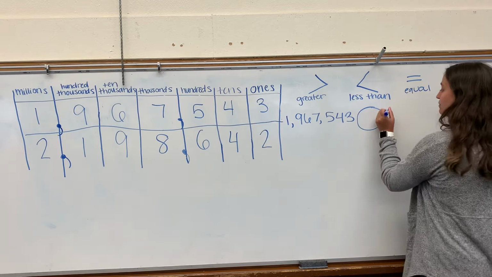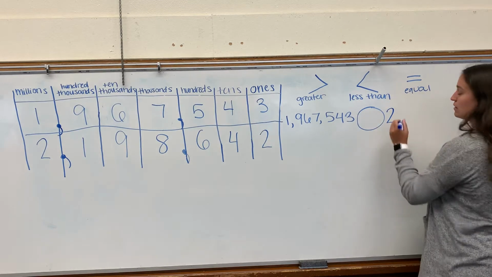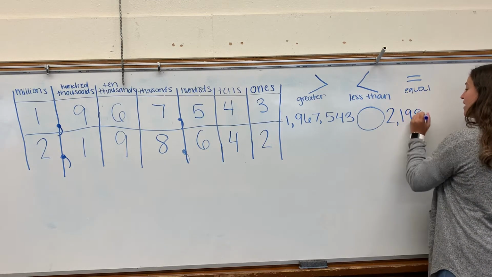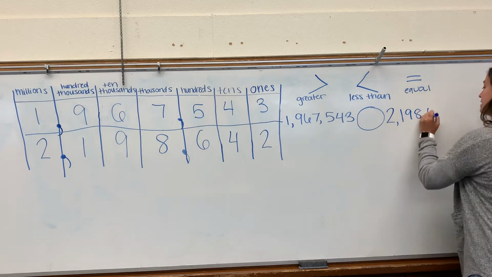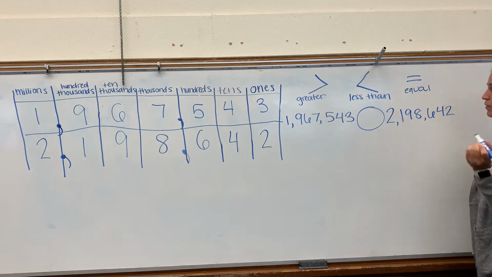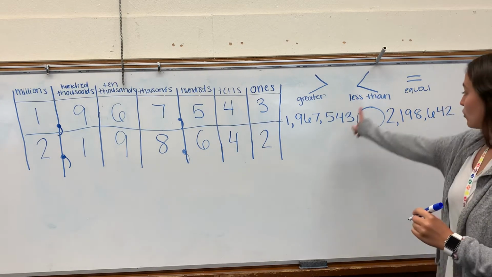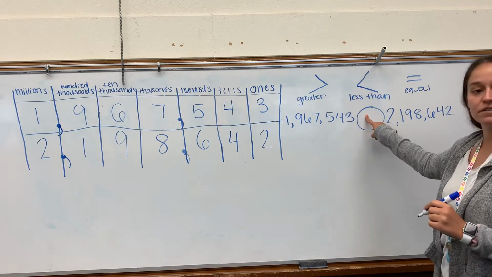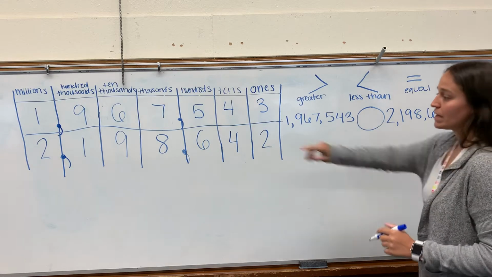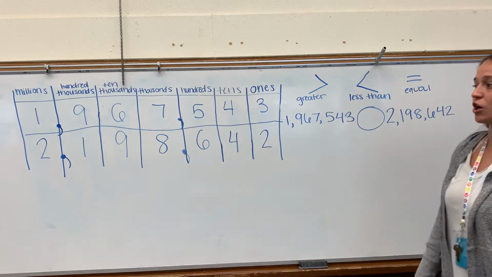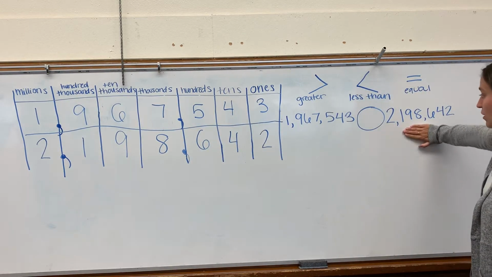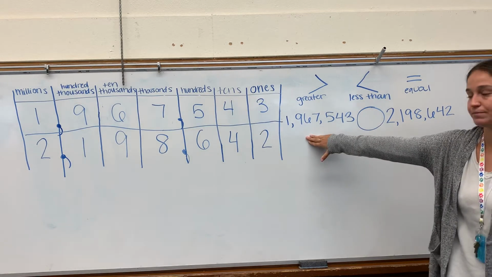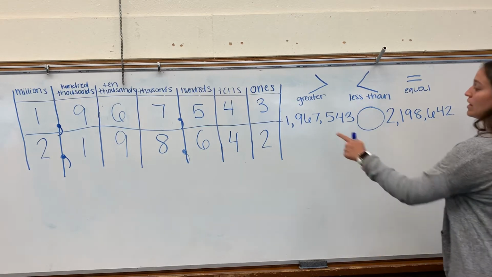And my second number is 2,198,642. Now, am I going to put greater than, less than, or equal to in the middle of these two numbers? We compare them on our place value chart, and we realize that this number is bigger than this number.